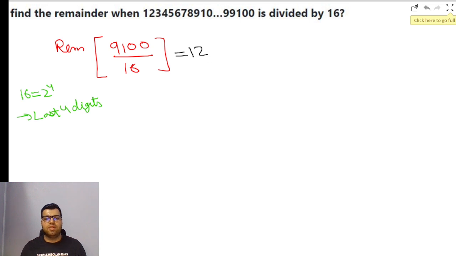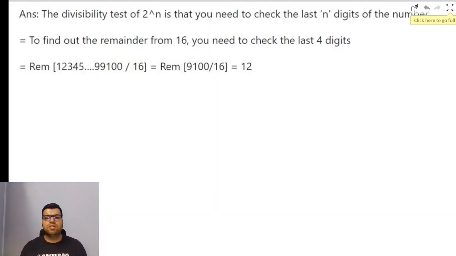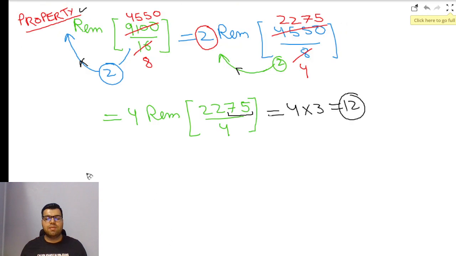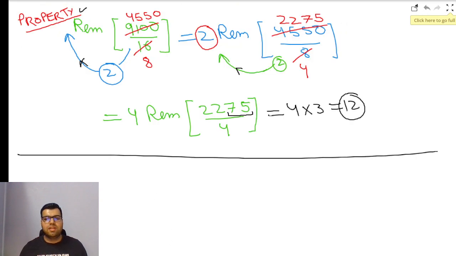Let me do another example so this is clear to you. Say remainder of 18 with 16. Very simple, the answer we know is 2. But say we factor out 2, so this is 8 and this is 9.